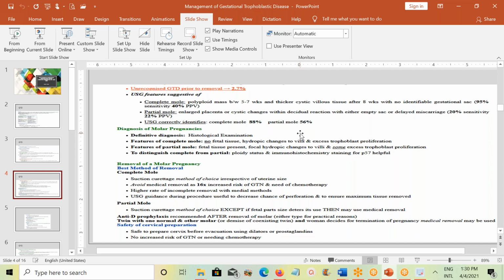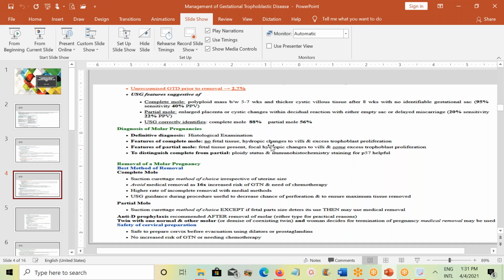Then if we talk about the diagnosis of the molar pregnancy, the definitive diagnosis is achieved only on histological examination. As for the features of the histological examination, in cases of a complete molar pregnancy there will be no fetal tissue, with hydropic changes to the villi and excess trophoblastic proliferation.